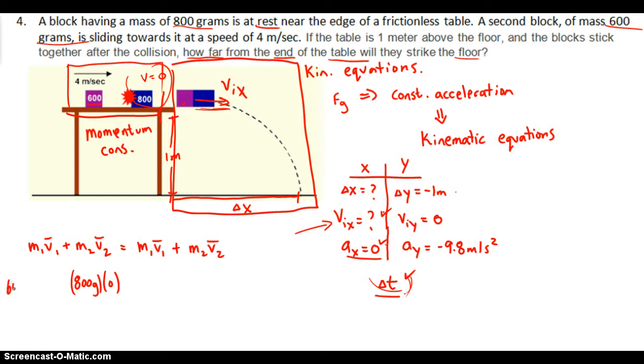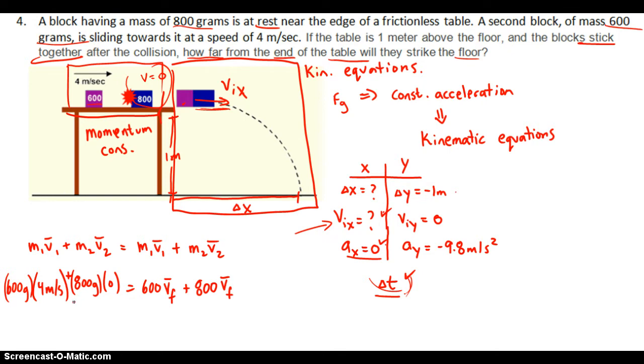Our 600-gram block is moving at 4 meters per second. And in between those two, I should have a plus sign. After the collision, well, our 600-gram block is going to be moving with some final speed. And our 800-gram block, because the two blocks stick together, they both have the same final speed.